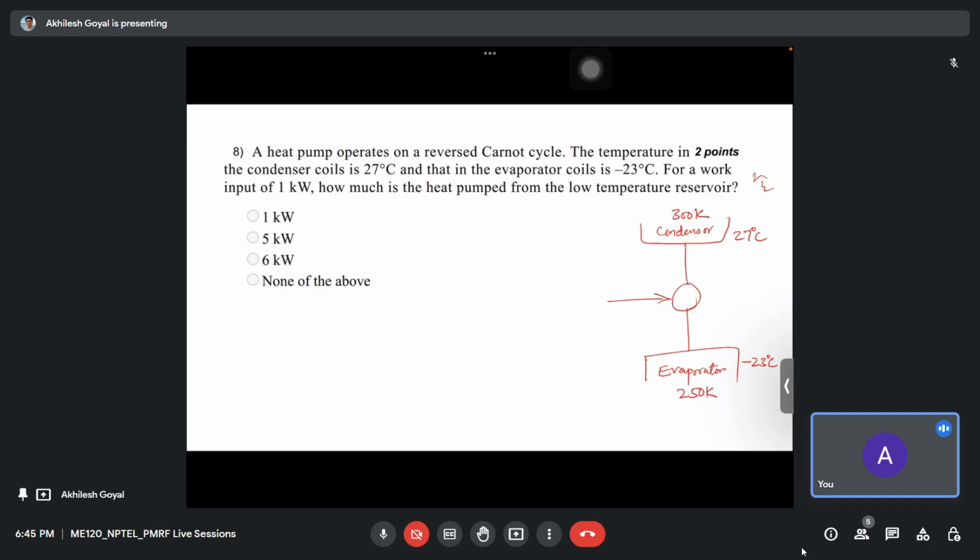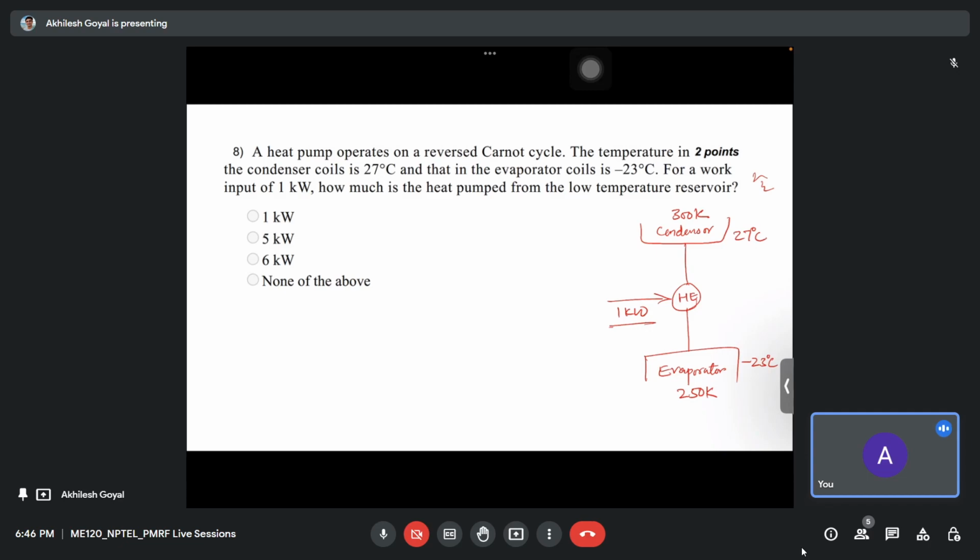Also 1 kilowatt of work is given to the heat pump. So a heat pump is working on reverse Carnot cycle. The condenser temperature is 300 Kelvin, the evaporator temperature is 250 Kelvin, and 1 kilowatt of work is given. How much is the heat pumped from the low temperature reservoir?